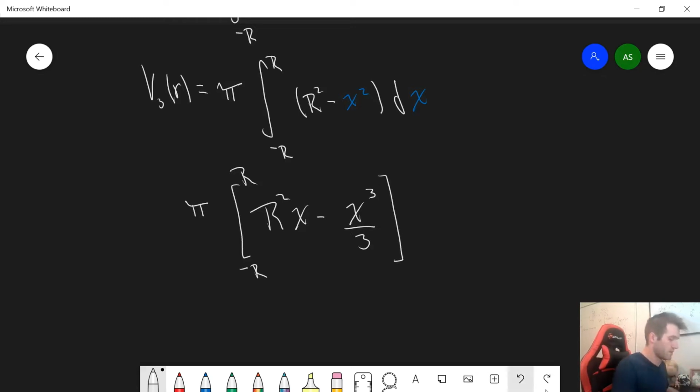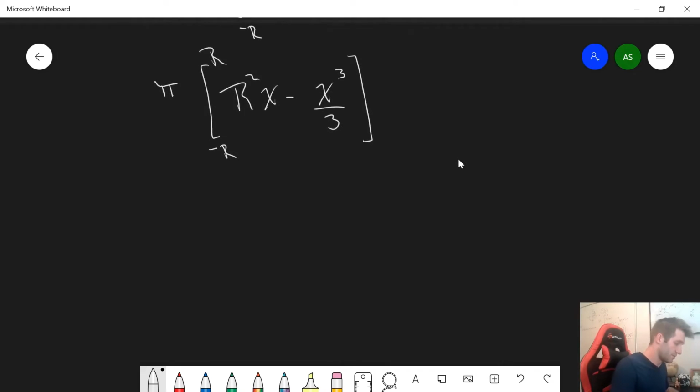Okay, so now what we can do is just take the difference between the limits, which we will do now. So pi, obviously remaining on the outside, we're going to have R cubed minus R cubed over 3.